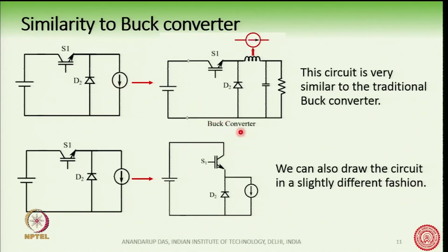I have drawn a buck converter here, and the buck converter also has a voltage source and then there is a load. There are two switches here, there is an inductor and a capacitor. If we consider the current flowing through the inductor as a current source, then we see that the buck converter here has very much similarity with the circuit that we have developed so far.